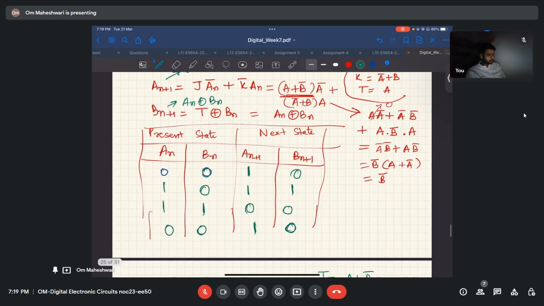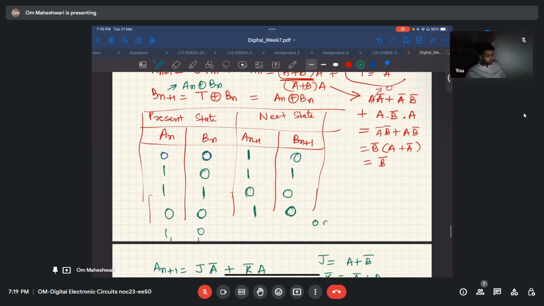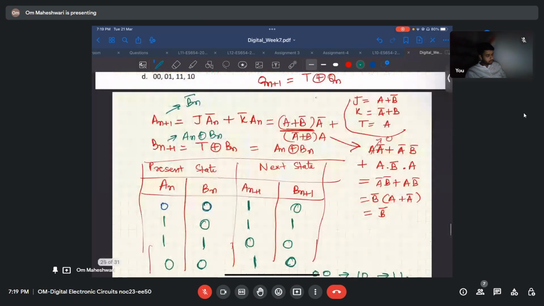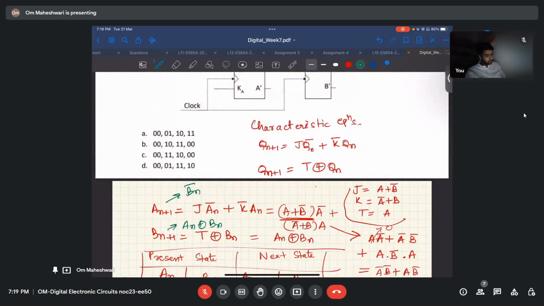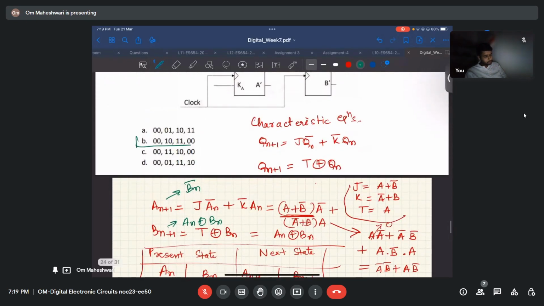So the sequence of states is repeating, right? Again the same will follow 1 0 1 1. So states that are following are 0 0 1 0 1 1, then again 0 0. So this should be the answer: 0 0 1 0 1 1 0 0. B.